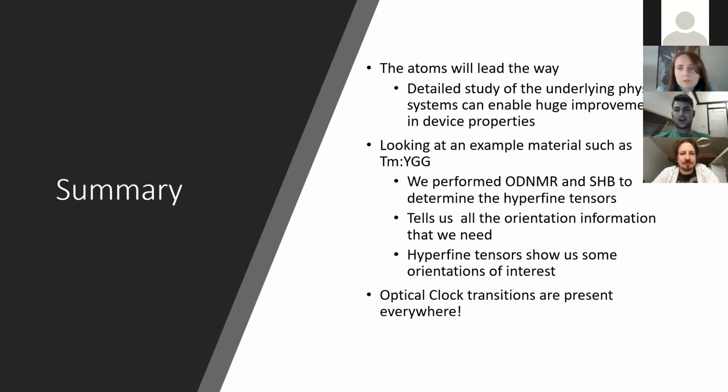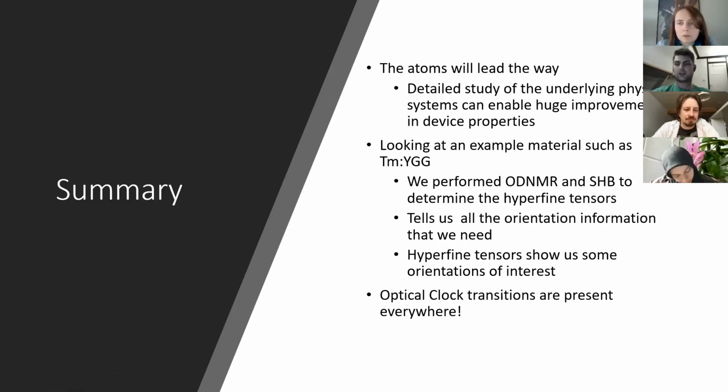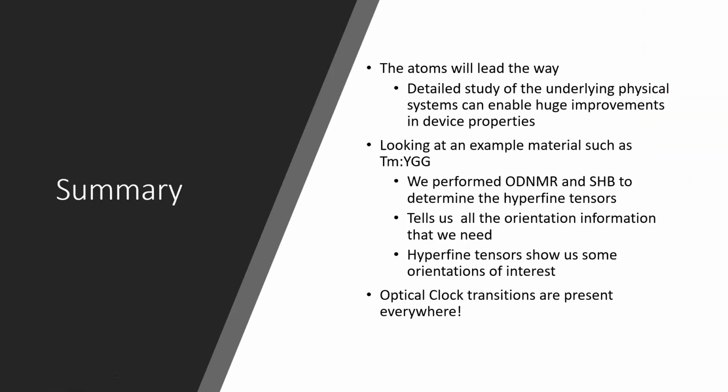Hopefully, looking at an example material like thulium gallium garnet tells you a bit about ODNMR, spectral hole burning, AFC creation, and even clock transitions. And these clock transitions are extremely powerful tools used throughout a lot of different areas of physics. So grab connections to them when you can.